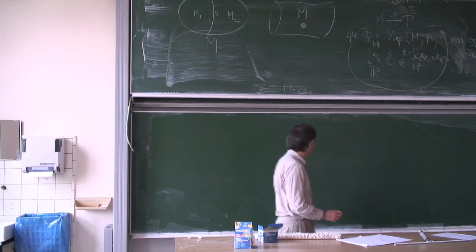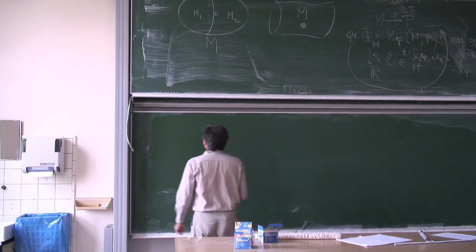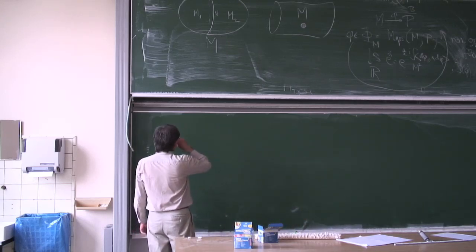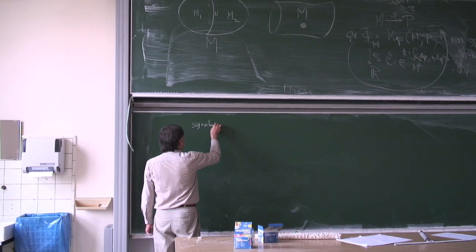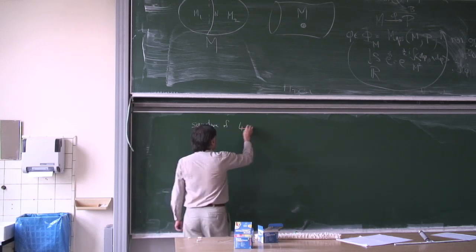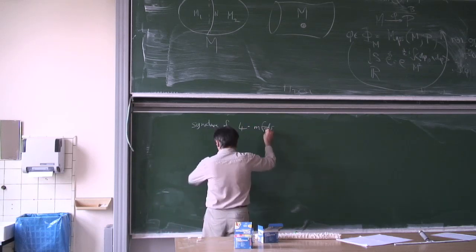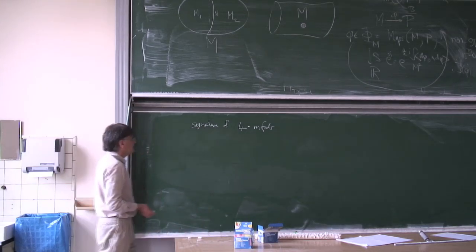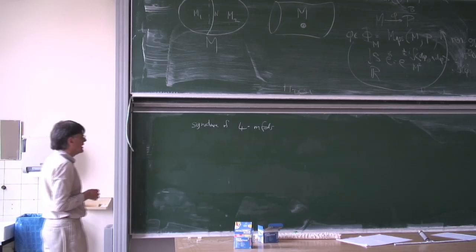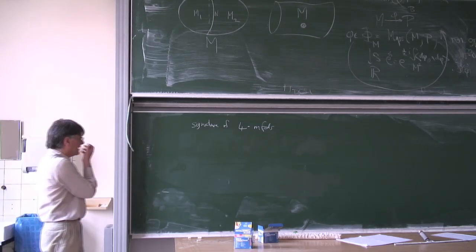Well, anyway, just for the moment, I'm going to begin with a simple example. So, I mentioned the Euler number. Let's think about the signature of the form as well. That's really all I have time to do now. So the signature of the quadratic form on the middle cohomology.